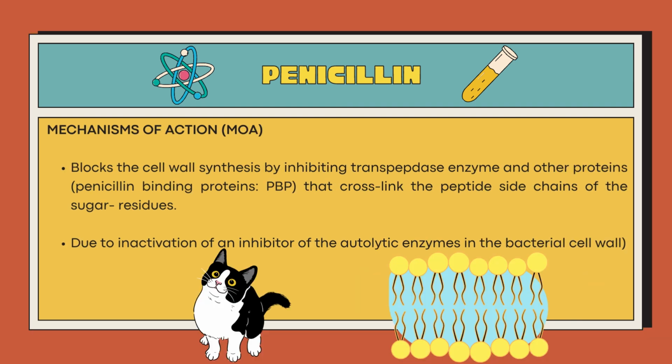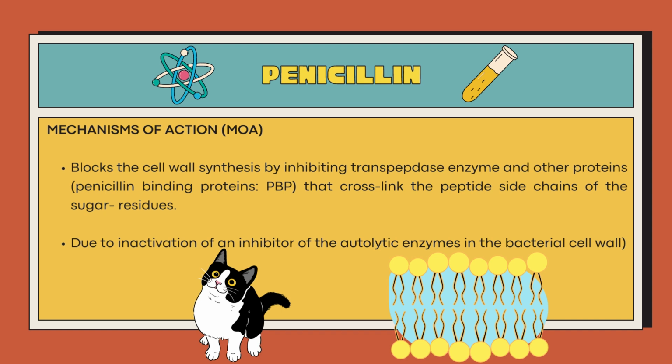Moving on to the mechanism of action of penicillin, the gram-positive bacterial cell wall is comprised of peptidoglycan having linear strands of two alternating amino sugars, N-acetylglucosamine and N-acetylmuramic acid, which are cross-linked by peptide chains and give rigid mechanical stability to the cell wall.